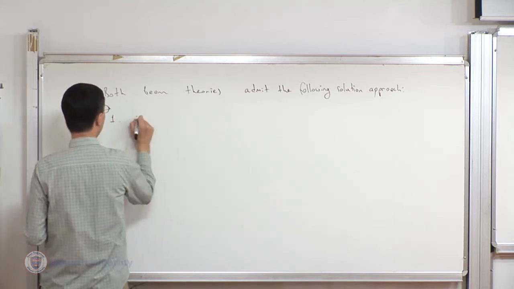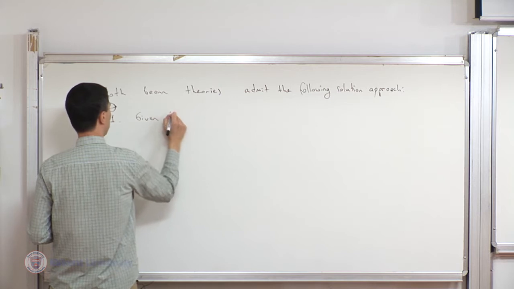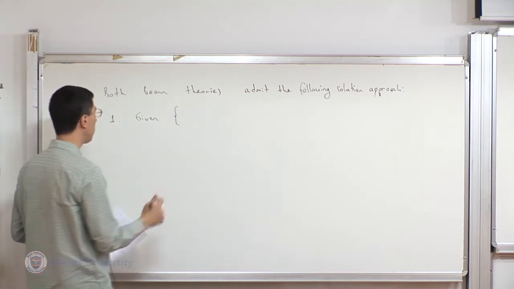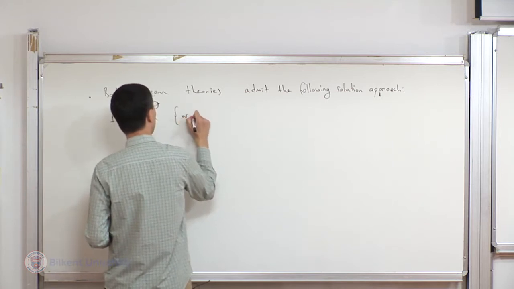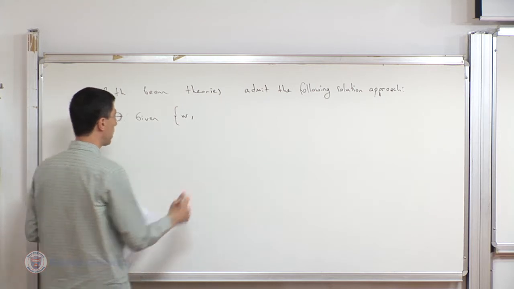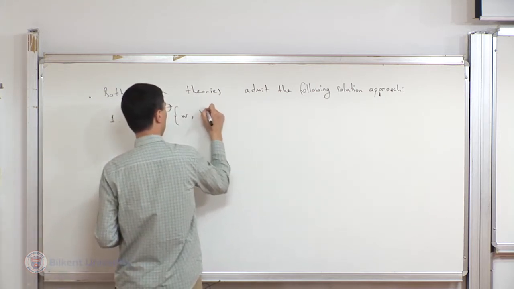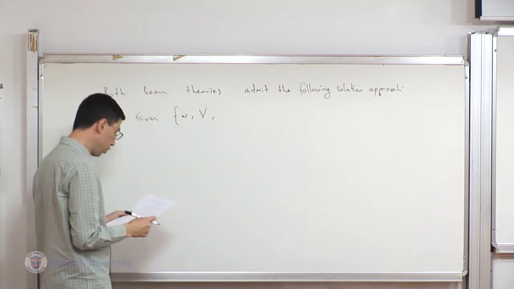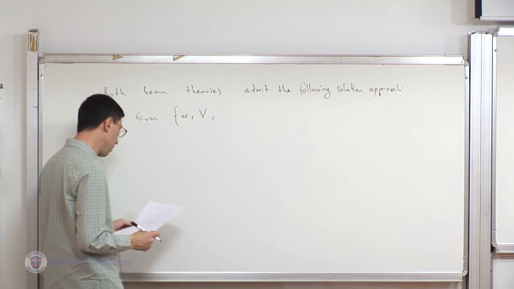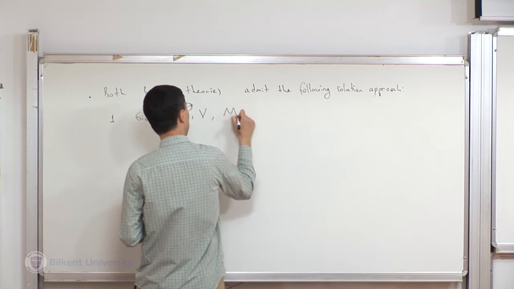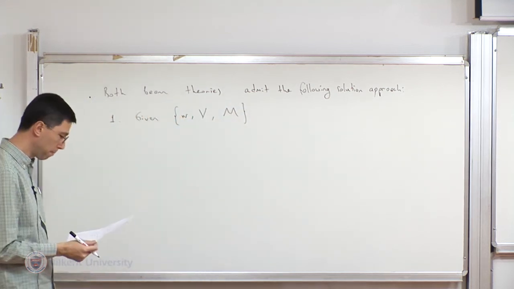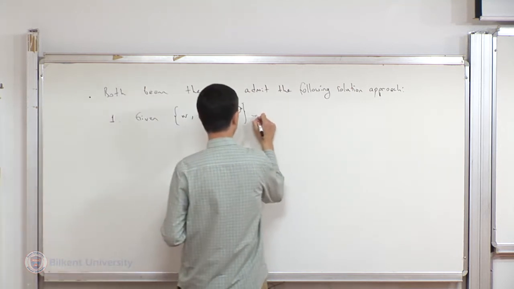We are given a beam structure, and it is somehow loaded. And the loading can come in various ways. There can be a distributed load along the length of the beam. There can be a localized shear force along the beam, at the end of the beam, etc. And likewise, there can be a bending moment along the length of the beam. And so that's our loading.